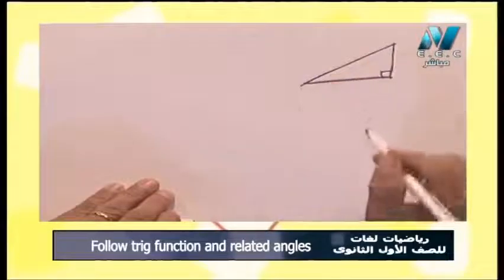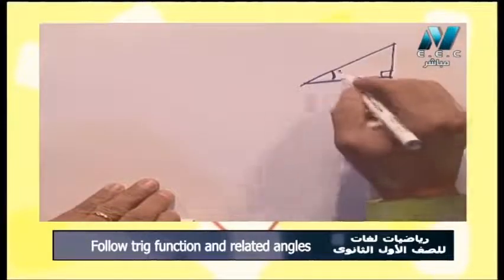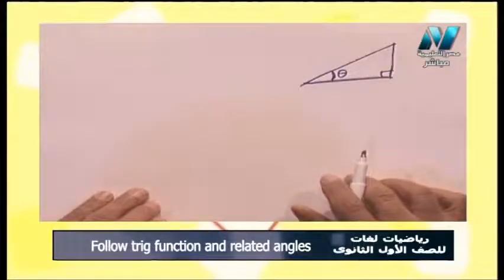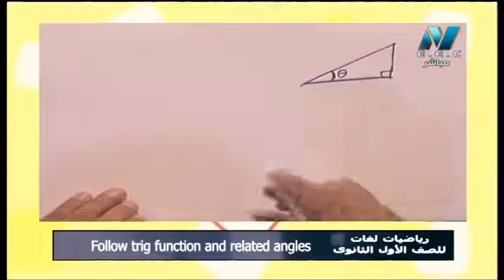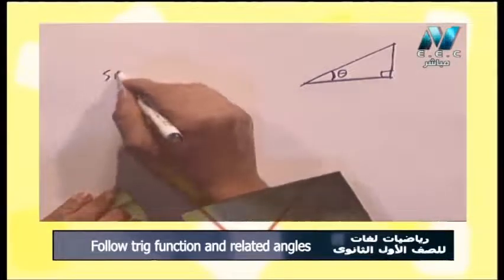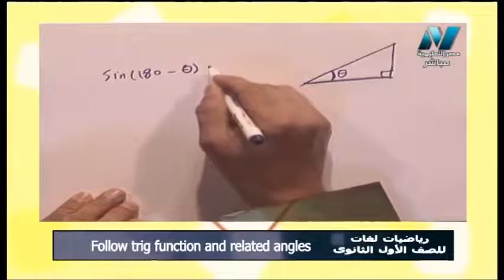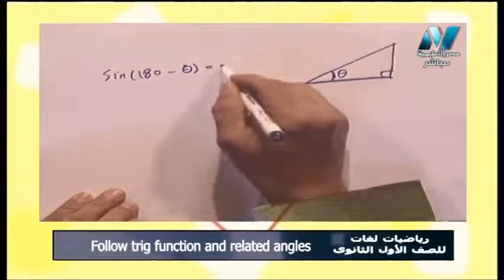If we have a right angle triangle and we have theta, but on the unit circle, we can say that sine 180 minus theta equals sine theta.